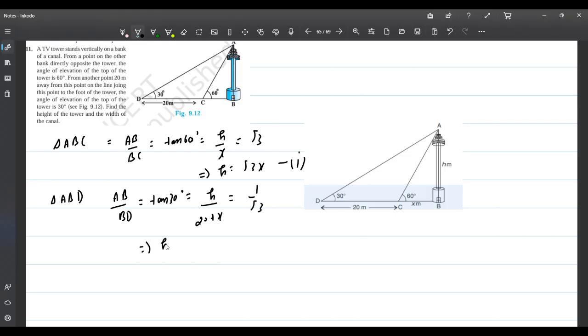So this is h equal to (20 plus x) upon root 3. So from equation 1 and 2 we get root 3 x is equal to (20 plus x) upon root 3. So 3x is equal to 20 plus x.